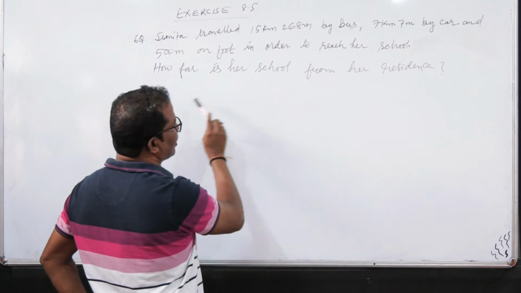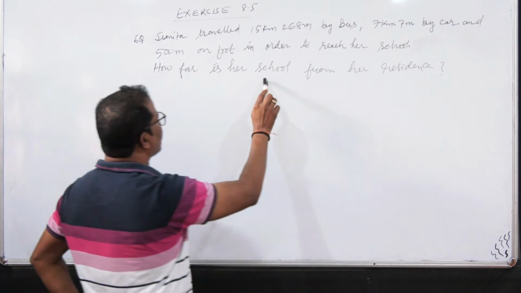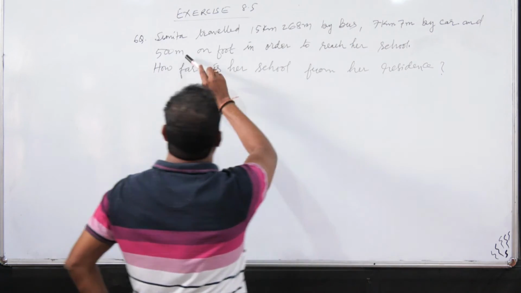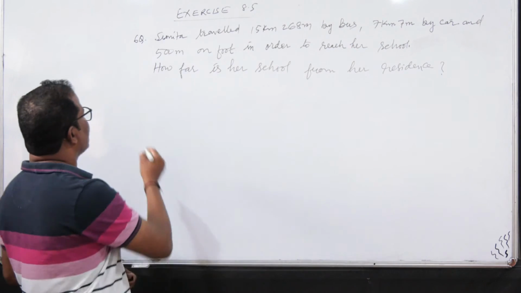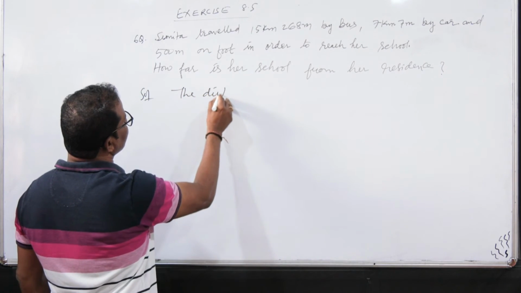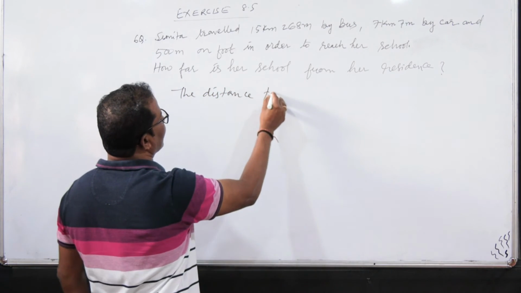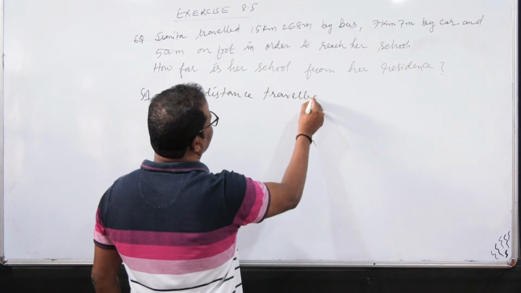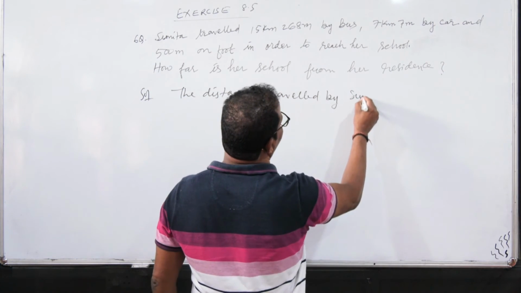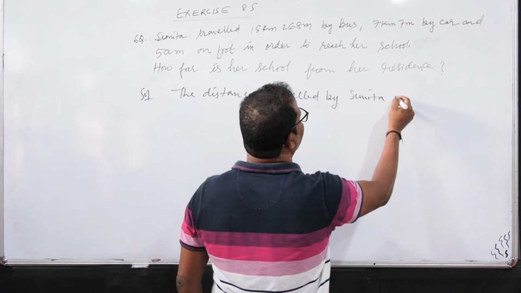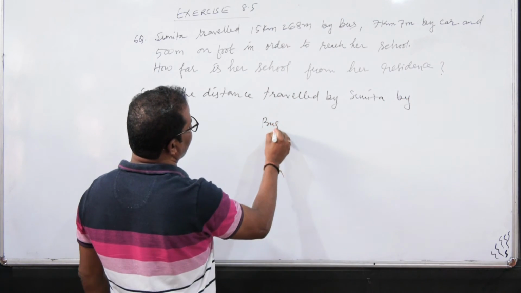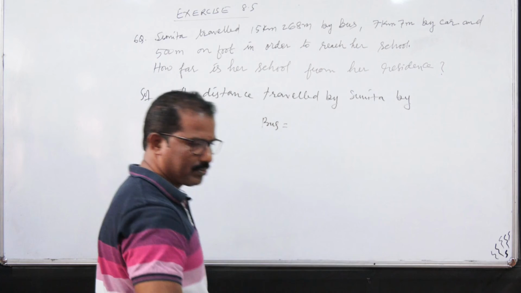That means the total distance from her residence to her school is the sum of all these three distances together. Understand? See the steps of how to write. The distance traveled by whom? That is by Sunita. By bus is equal to how much?